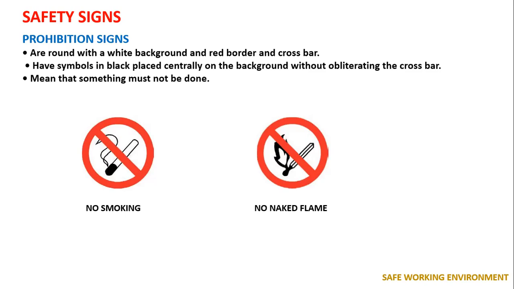The prohibition signs are round in shape with a white background, a red border and a crossbar. It has a symbol in black placed centrally on the background without obliterating the crossbar. It means that something must not be done, like no smoking and no naked flame.